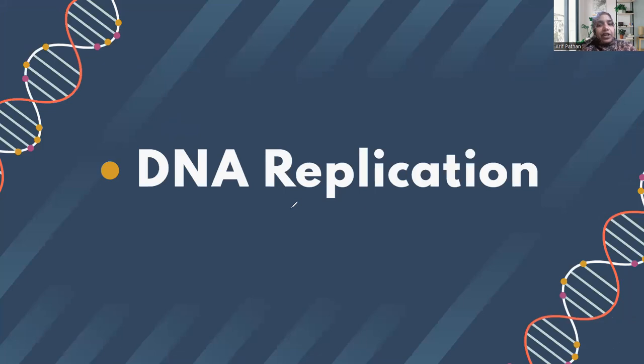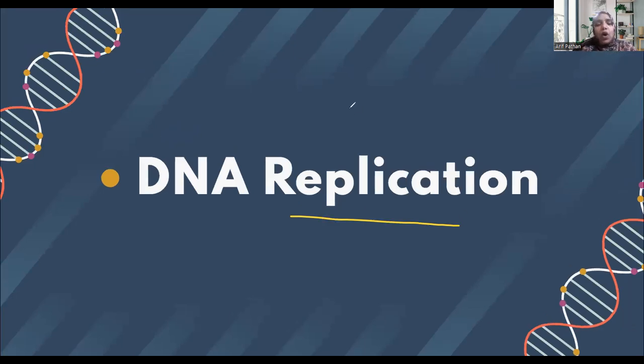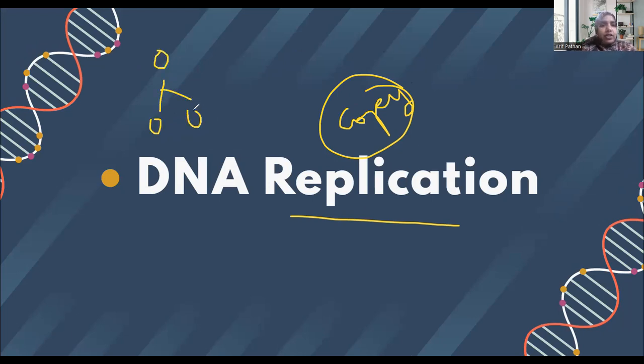DNA replication. Replication means what? Creating a copy of its own, right? You have studied cell division like mitotic cell division, meiotic cell division. What happens in that? The parent cell divides and gives rise to two daughter cells, right? With equal amount of genetic material. So this genetic material which the parent cell has, it first creates a copy of its own.